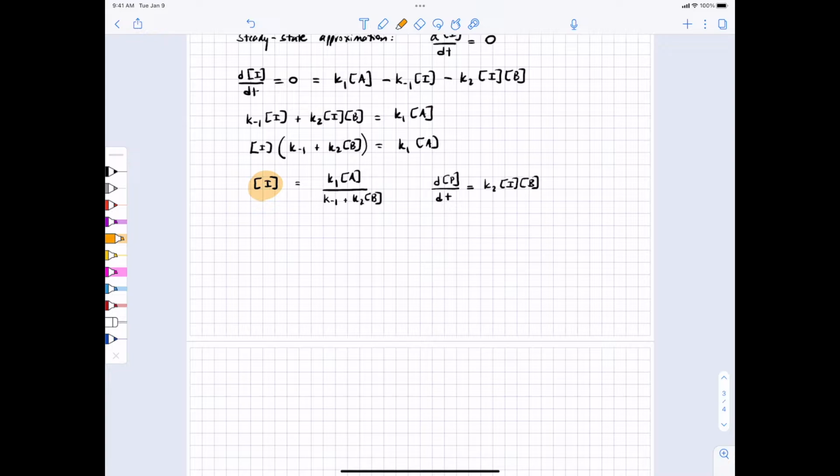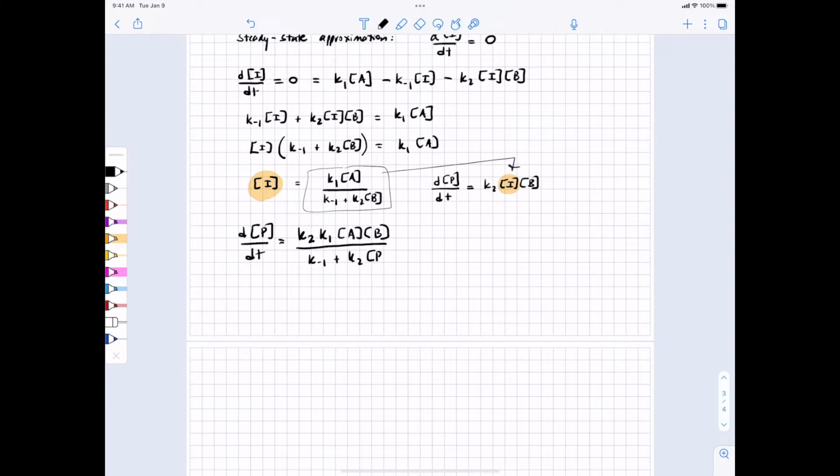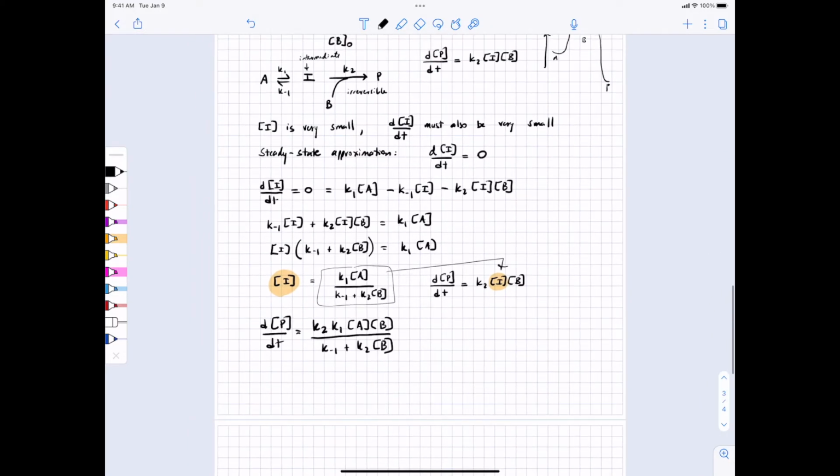In other words, we can now say that dP/dt equals k2 times k1 times the concentration of A times the concentration of B divided by k-1 plus k2 times B. And this is a typical rate law for situations where you go through a high energy intermediate and you get a steady state approximation.